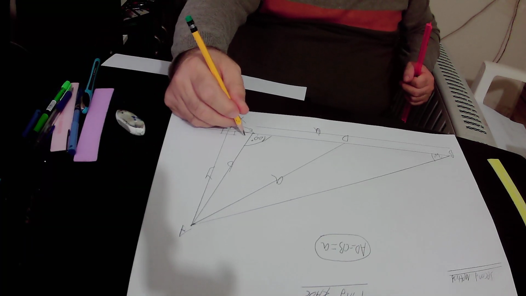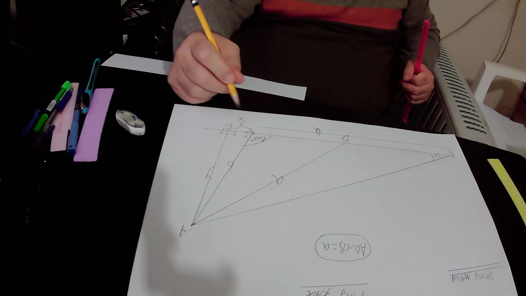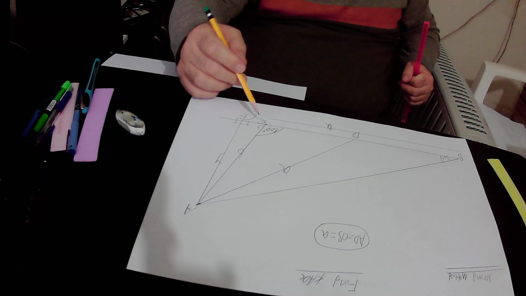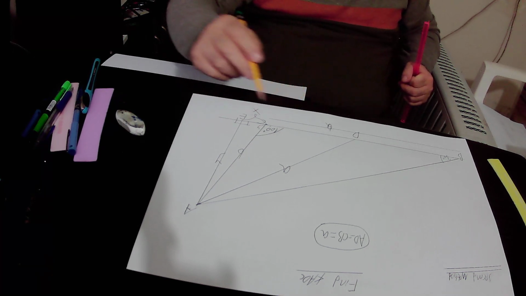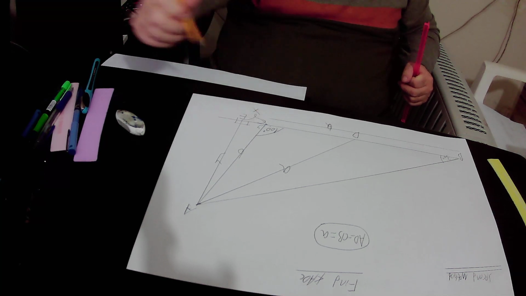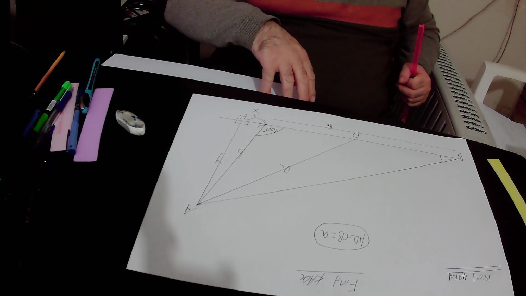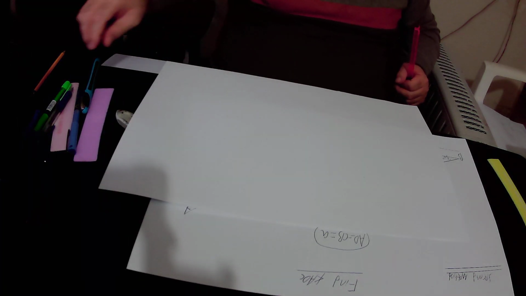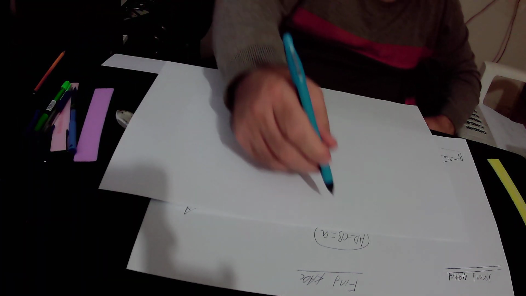So if we define this angle as angle Y, then the sum of the angles on the upper side of the straight line BE at point C must be equal to 180 degrees. That is to say 100 degrees plus angle Y must be equal to 180 degrees.